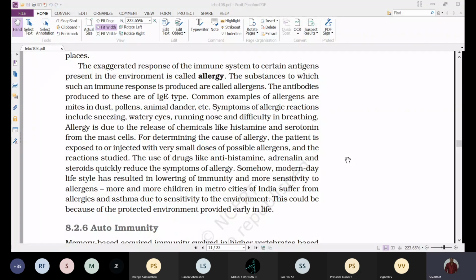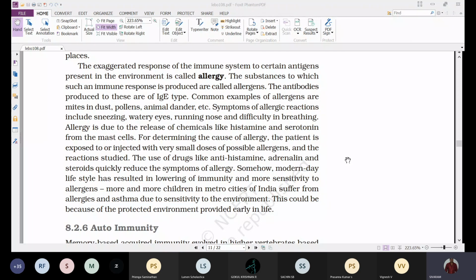Okay, how can they identify the allergic reactions? Symptoms of allergic reactions include sneezing, a running nose, watery eyes. Water is produced continuously from the eyes for no reason.